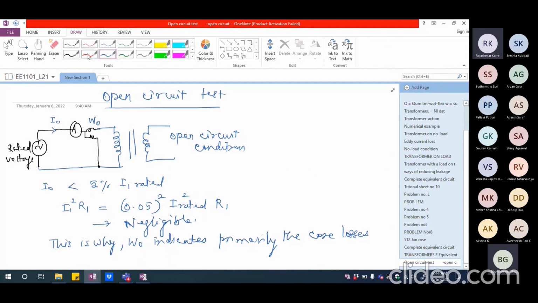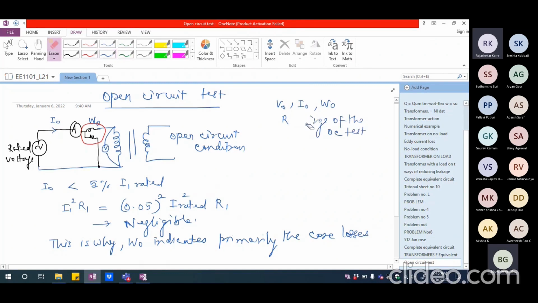So this W0 that I have is core losses, and I can put a voltmeter here between the two terminals of the primary winding, which will measure V0. So I would be able to get V0, I0 and W0. These are the readings of the no load test or open circuit test.